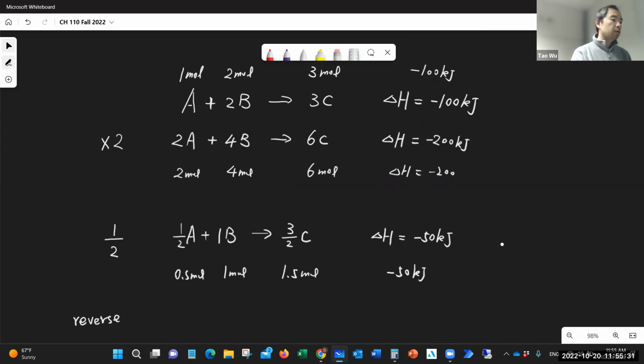If you reverse the reaction, it becomes 3C to form A plus 2B. Then what do you do? The sign of the enthalpy will also be reversed. The original is negative 100 kilojoules, then it becomes positive 100 kilojoules.